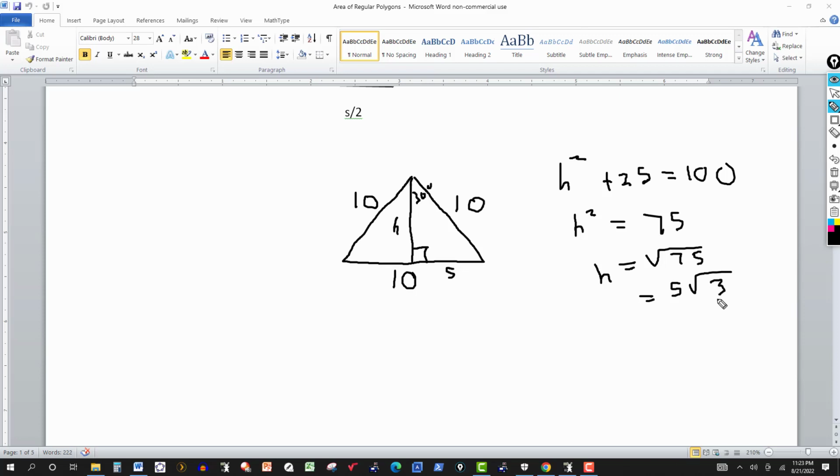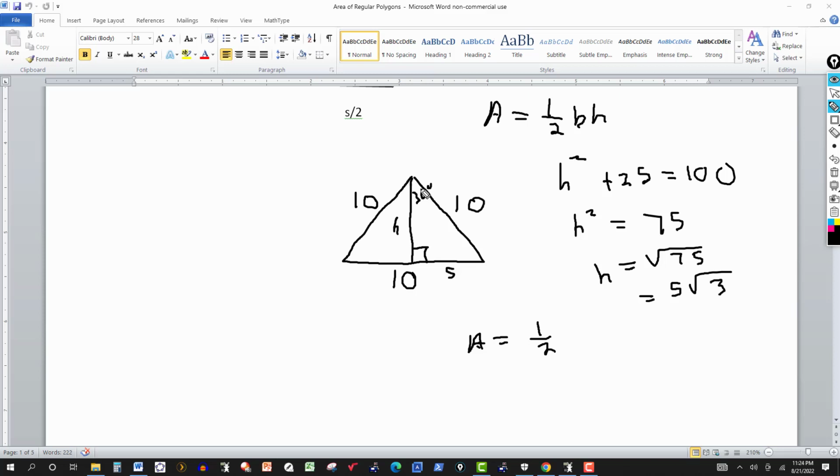So now we have the base. For any triangle, doesn't have to be equilateral, this formula will work: 1/2 the base times the height. So in this particular case, this would be 1/2, and the base of the triangle. Now in this case, the base is 10, because before, in the other problem, we were looking at this triangle here.